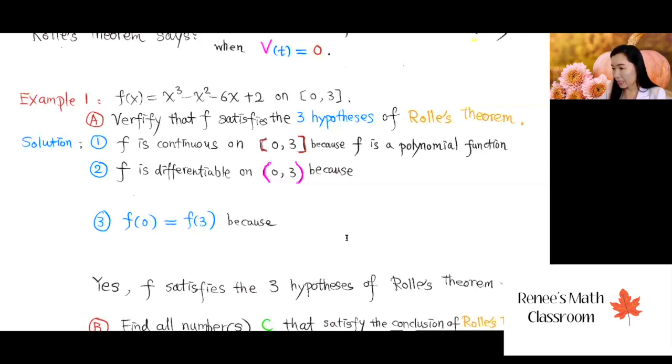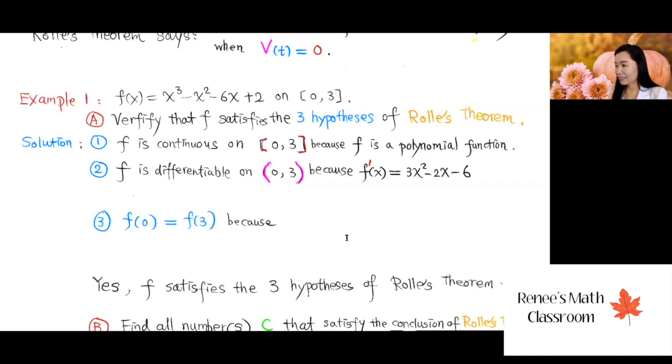You got it, okay? The second one, the function is differentiable on this open interval 0 to 3. Why? Differentiable means the derivative exists. So you take the derivative, so f prime. So take the derivative of this polynomial function, we get 3x squared minus 2x minus 6, which again, it is a polynomial function.